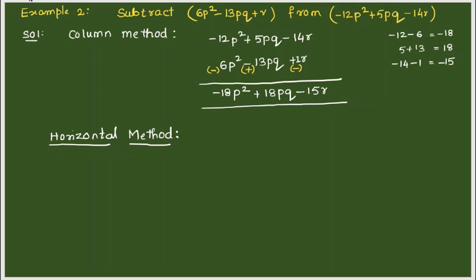The algebraic expression from which we are subtracting, that we write first, same as is shown here: minus 12p square plus 5pq minus 14r. From this expression we are subtracting which one? 6p square minus 13pq plus r.